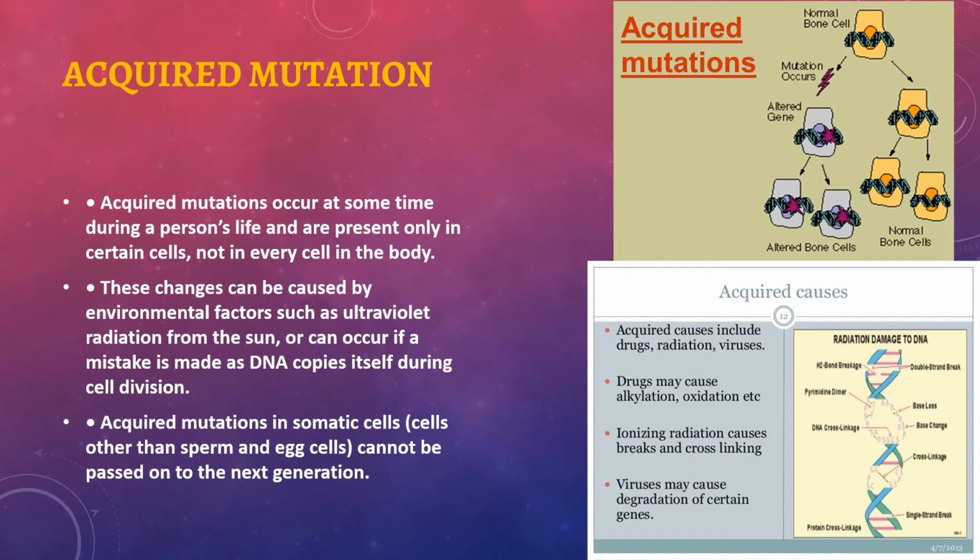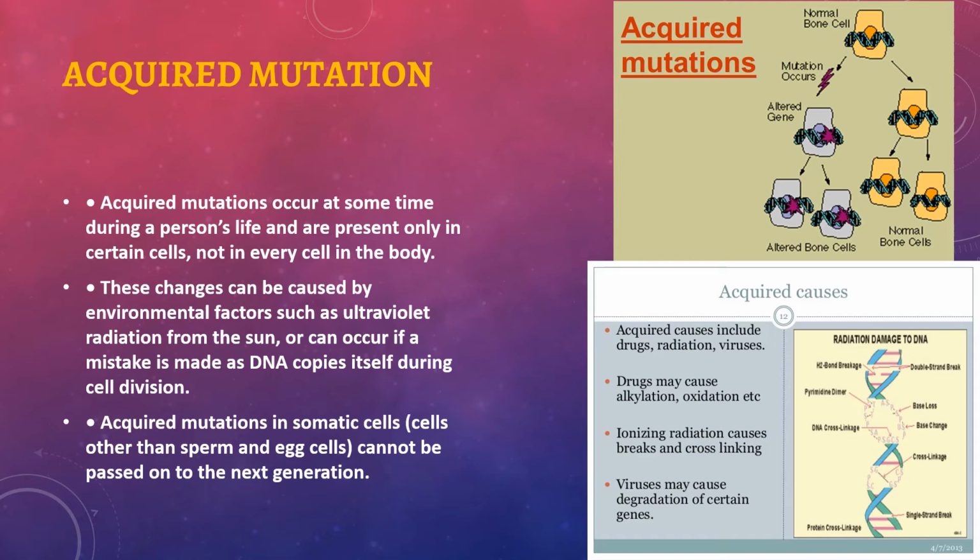So if there are any changes in the somatic cells, they will not be passed to the next generation. As you can see here, this is a normal bone cell. Suppose the person is exposed to ultraviolet radiation, then there will be altered genes.